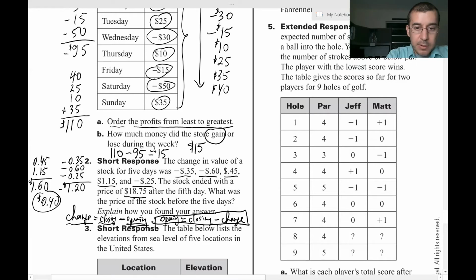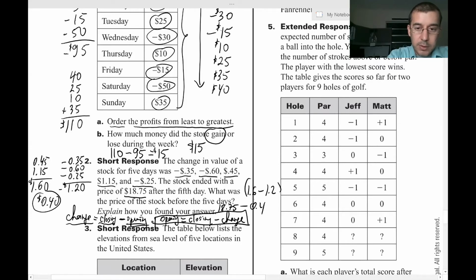So that's the change. So the opening stock price would be the closing stock price, which is 18.75, minus the change, which is 0.4. And how did we get that? We got that by adding up the positive changes, which was 1.6, minus the negative changes, which were 1.2.